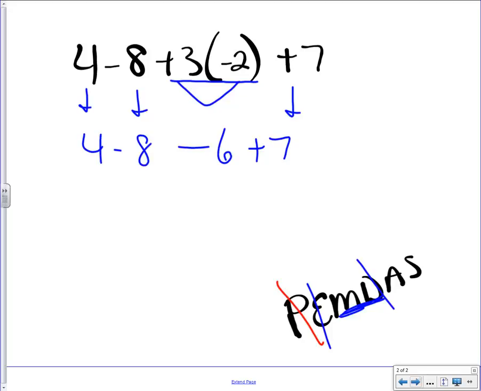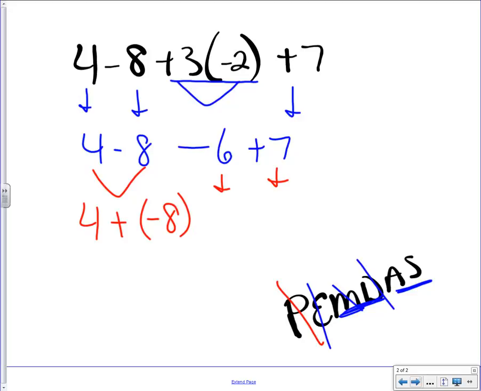Okay? Alright, so now I'm at the point where I'm ready for add, subtract. Okay, we're going to add and subtract moving from left to right through the problem. So that means that I'm going to start at the left side, and I'm going to take 4 minus 8. Okay, so if I'm going to work this correctly, I'm going to change the sign to add and change the sign of the number that follows it. Okay, these guys are going to get brought down because I haven't used them yet.